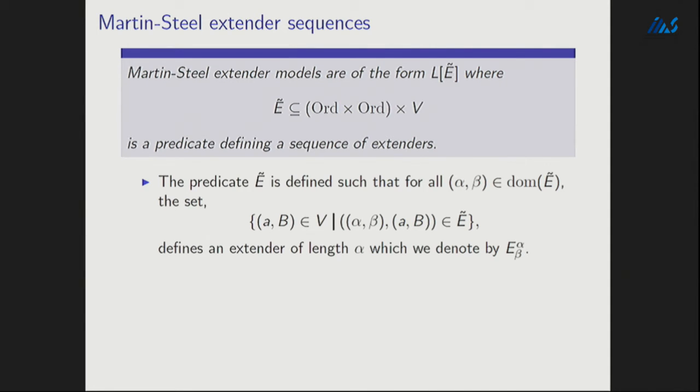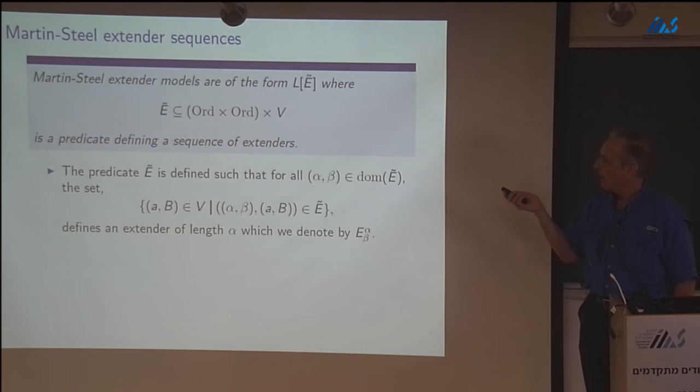It's defined so that for all alpha, beta in the domain of the extender predicate, it's giving you an extender, and we call that E alpha beta, and it's giving you an extender of length alpha. I didn't write it down here, but it will always be true that if alpha beta is in the domain of the extender sequence, then alpha beta prime is in the domain for all beta prime less than beta.